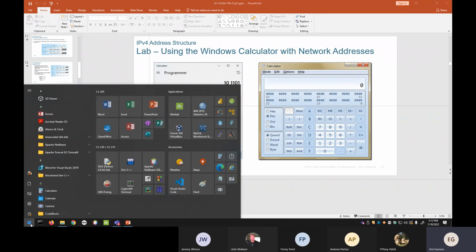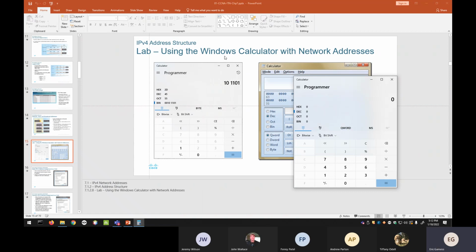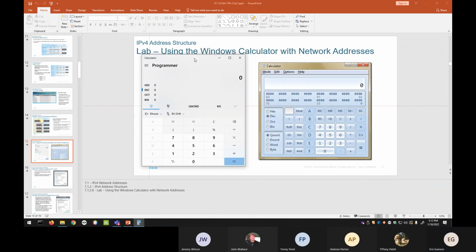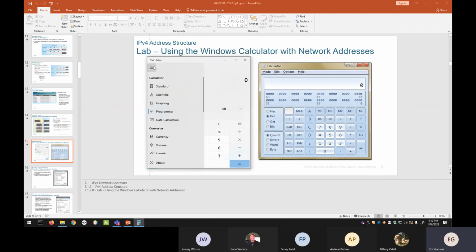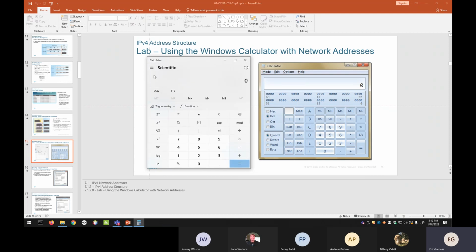Let me just show you the calculator again. So you have the standard calculator, which is a basic calculator. The most interesting are the scientific calculator and the programmer calculator.